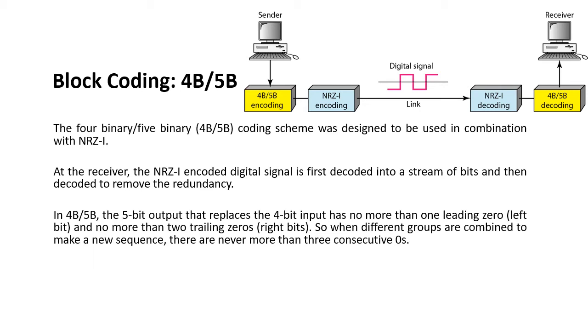What does it mean by not having more than 3 consecutive zeros? This is because the 5-bit output that replaces the 4-bit input has no more than one leading zero on the left bit and no more than 2 trailing zeros on the right bits. So when different groups are combined to make a new sequence, there are never more than 3 consecutive zeros.